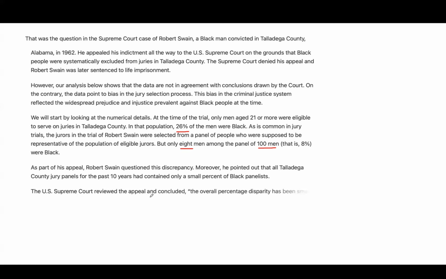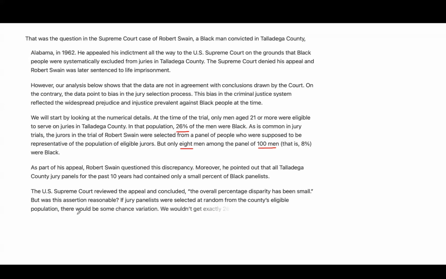The U.S. Supreme Court reviewed the appeal and concluded that the overall percentage discrepancy had been small. But was this assertion reasonable? If jury panelists were selected at random from the county's eligible population, there would be some chance variation.